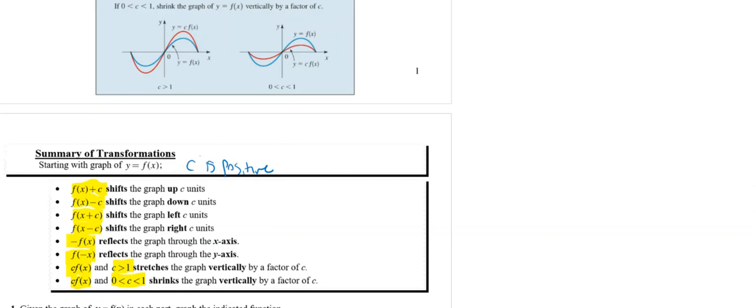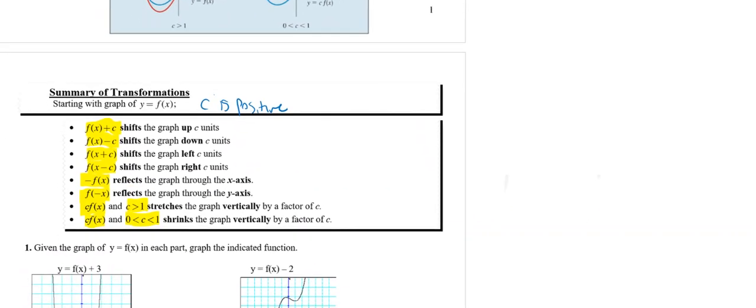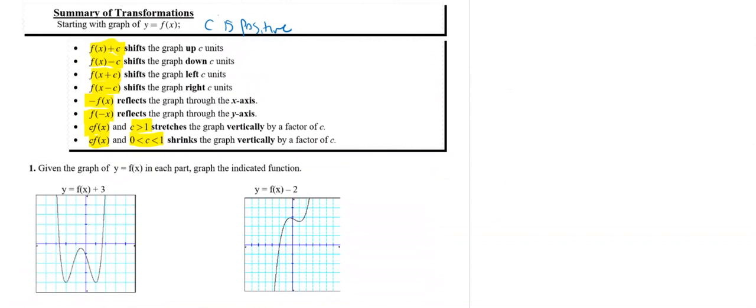All the y values are going to get multiplied by 2. So if a y value was positive, it becomes more positive. If it was negative, it becomes more negative. It stretches everything in the vertical direction. If you multiply by a number that's less than 1, it shrinks it vertically. All the y values get halved. So we'll look at a couple of examples of these, and you can find more examples in your book.